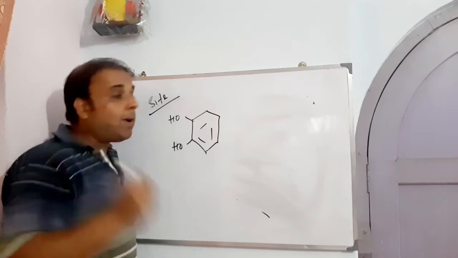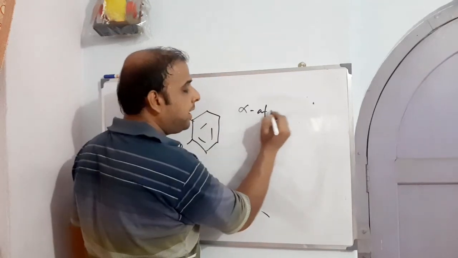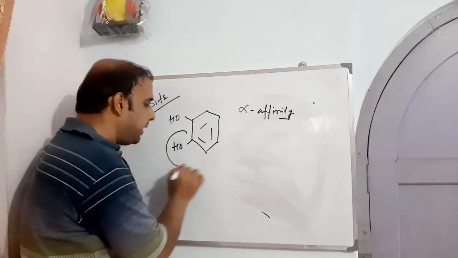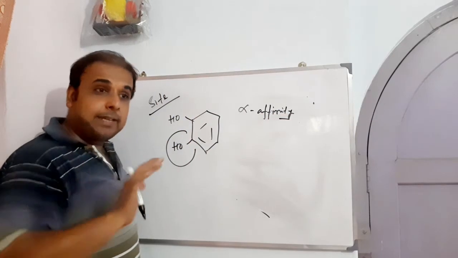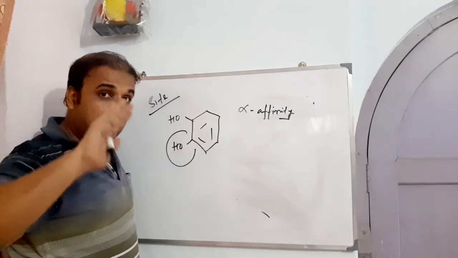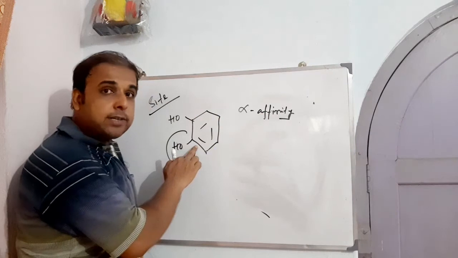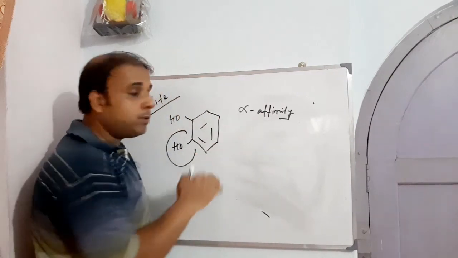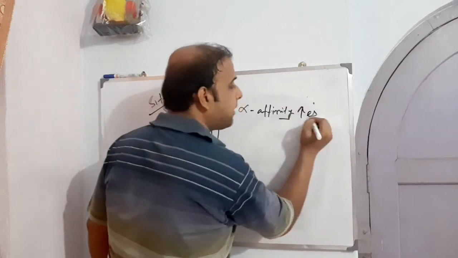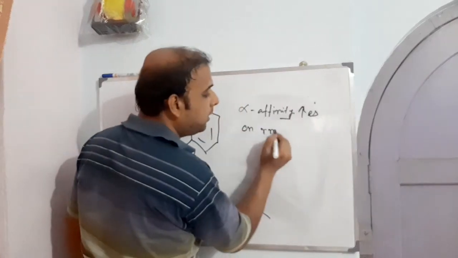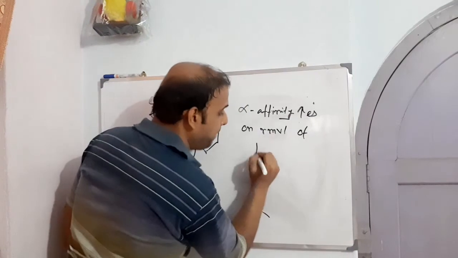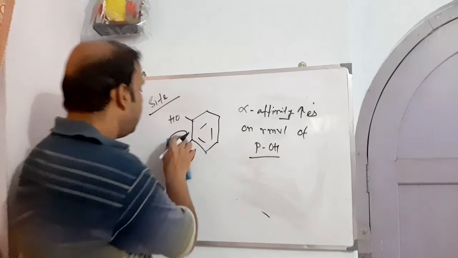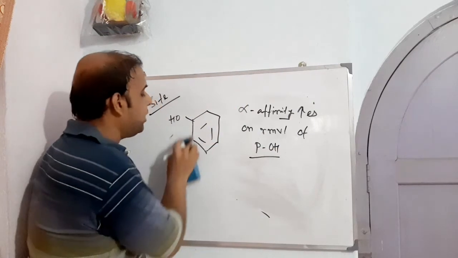So alpha receptor affinity increases the moment I remove the para-hydroxyl. That means alpha affinity increases on removal of para-hydroxyl. So all we want is that the para-hydroxyl should not be there.